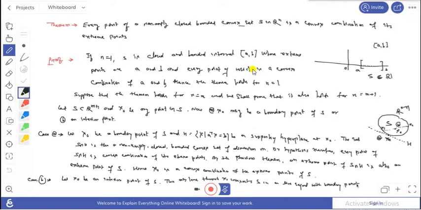Therefore, x naught can be expressed as a convex combination of x1 and x2.